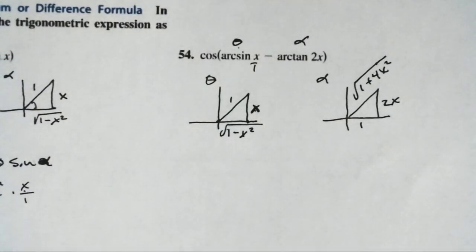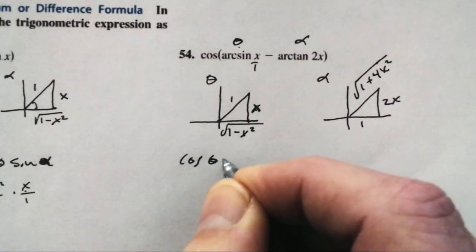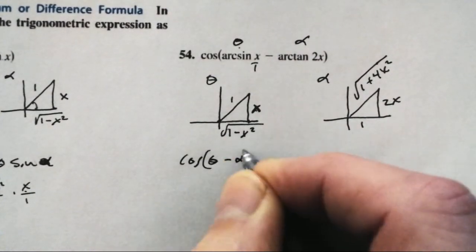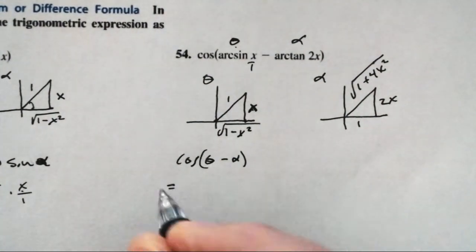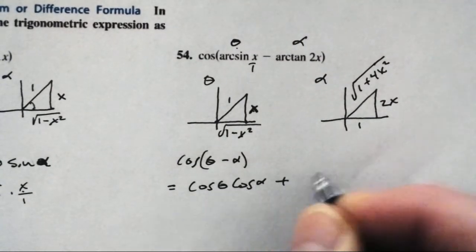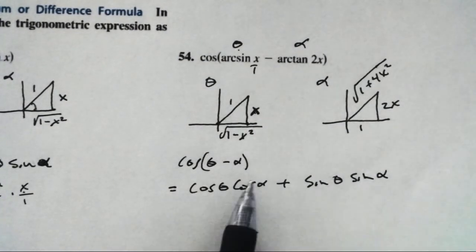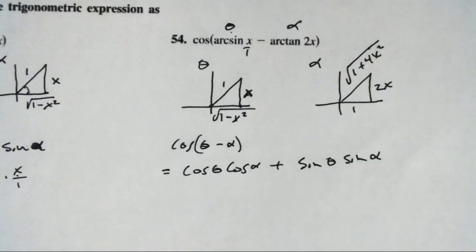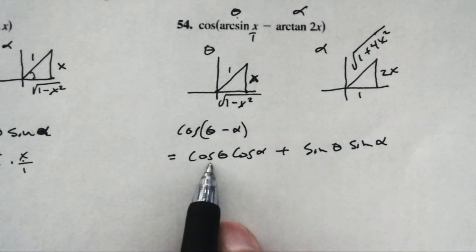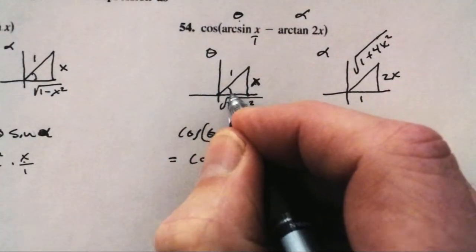Okay? So I need cosine of theta minus phi here, which is cosine plus sine, and we got it if we're careful. See, angle theta right here. There's angle theta.